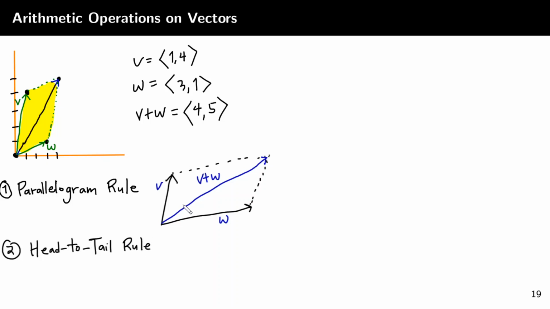Okay. So, according to the head-to-tail rule, to add two vectors, ang gagawin nyo is you will connect the head of one vector and the tail of the other vector.